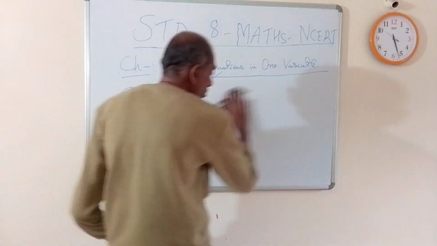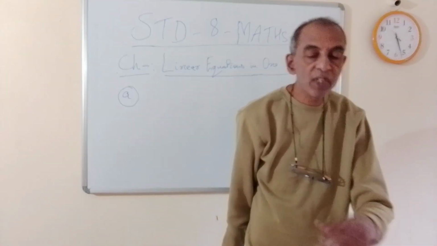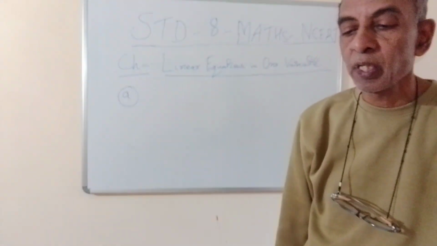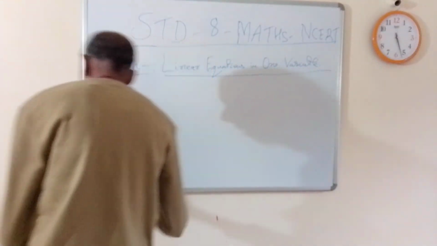Now what we did involved addition and subtraction. We'll now do one more, involving multiplication and division, for the second.